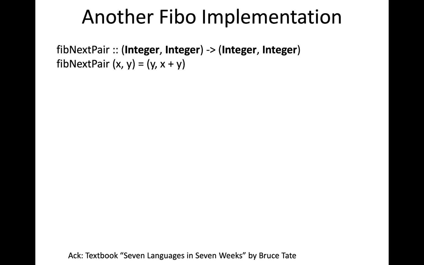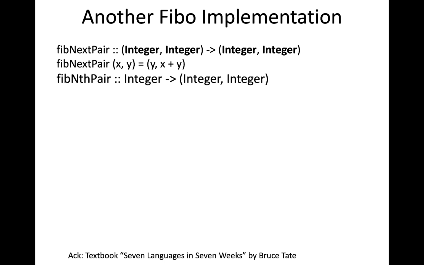Now let's get another Fibonacci implementation, and maybe we'll also run that implementation to calculate a bigger Fibonacci number. Here we have one function called fibNextPair. Given two Fibonacci numbers x and y, it gives us the next pair of Fibonacci numbers, which is y comma x plus y.